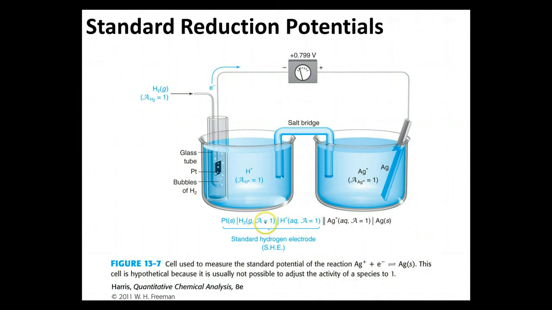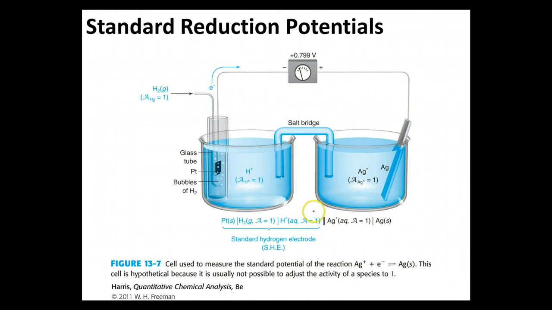Activity is always the right way to describe the concentration of something in a solution. Molarity is just the best approximation experimentally of that, without having to do any extra math. So you see that we have our hydrogen gas bubbling across that surface, just like this told me was happening. The next thing that happens on the other side of my bubble is that I encounter an acidic environment, and this concentration of acid will have an activity equal to 1. Activity doesn't usually have units, but we do know that activity coefficients are typically going to be around 1.